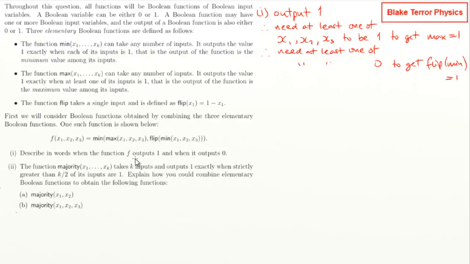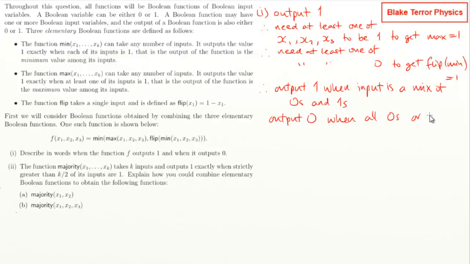So describing in words when it outputs a 1: output 1 when the input is a mix of zeros and ones. And then we can say it will output a 0 when all zeros or all ones, as in the opposite case. Okay, that's the first part.